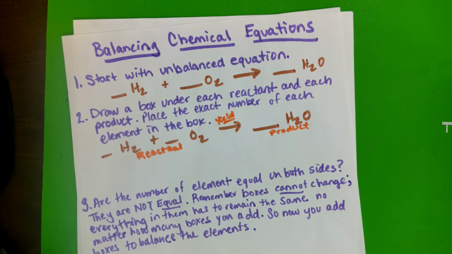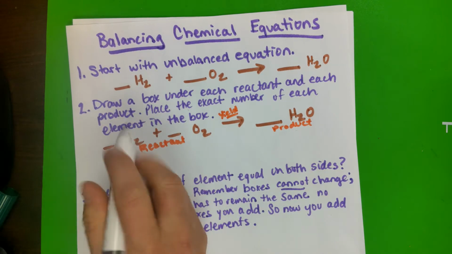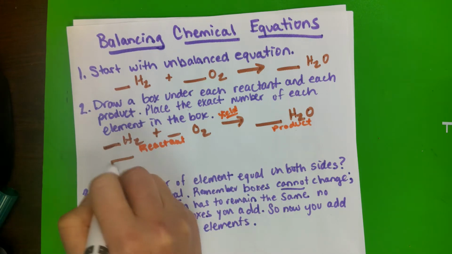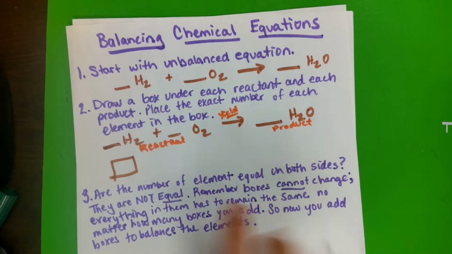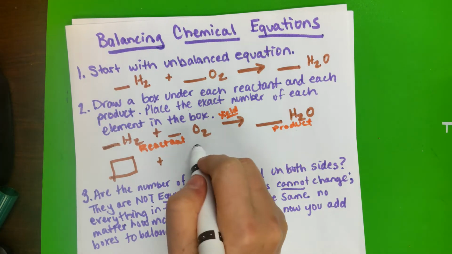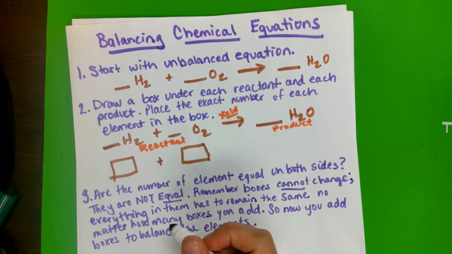Okay, so anyways, let's go ahead and draw a box under each reactant and each product, and place the exact number of each element in the box. So for each one, like for H2, H2 is together. You never separate it. So you're going to draw one box here, and then plus, and then this is O2, so that's another box. And you're going to draw exactly the number of elements in each box.